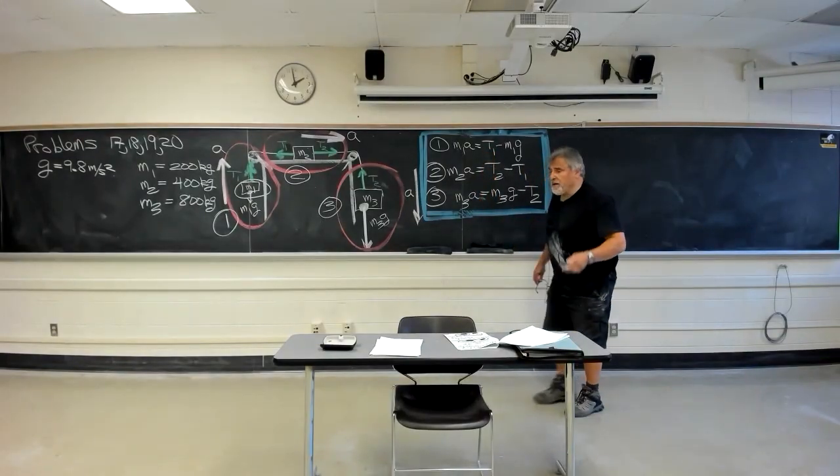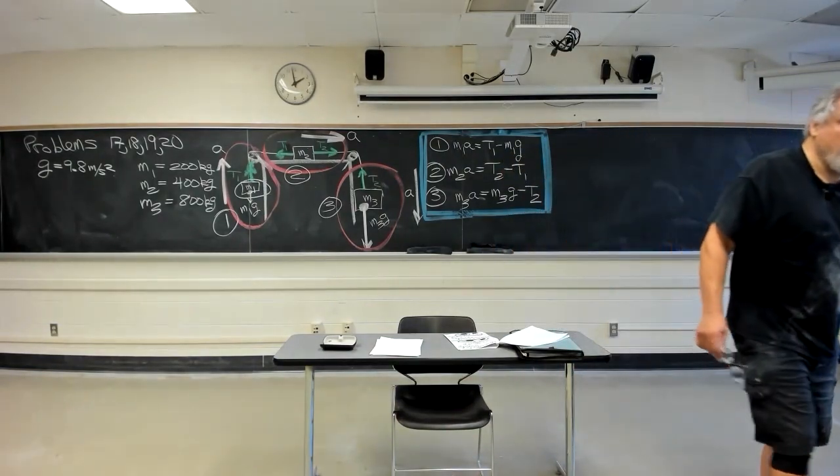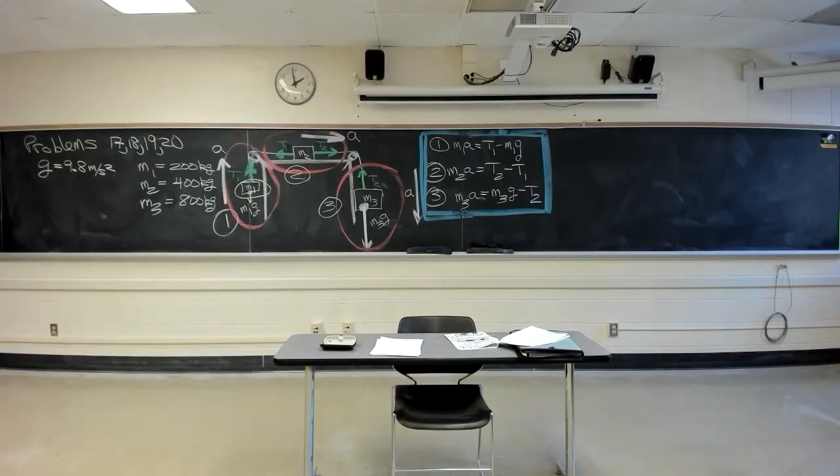A, T1, and T2, if we find those, we should be okay. If we find a, T1, and T2, we've answered three of the problems. We do have three equations, folks.